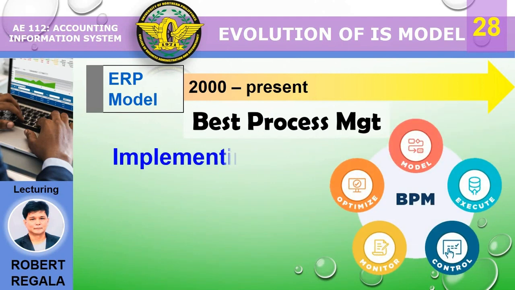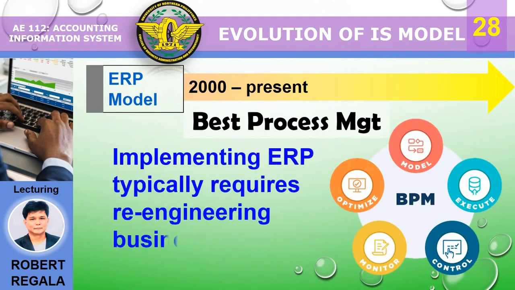Business process management. Implementing ERP typically requires changes in existing business processes. Poor understanding of needed process changes prior to starting implementation is a main reason for project failure. The difficulties could be related to the system, business process, infrastructure, training, or lack of motivation.